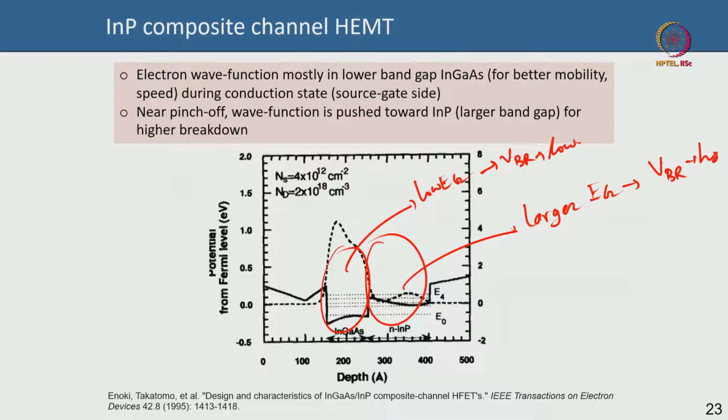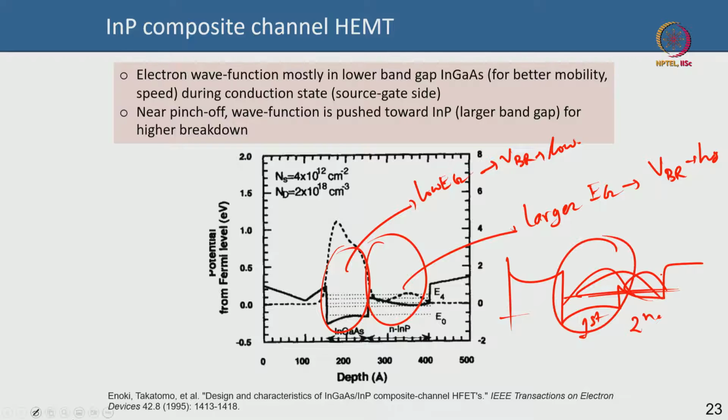So the breakdown intrinsically will be slightly low. Okay. So you have two channels. This is your first channel, this is your second channel, and electrons are everywhere. Now, what happens is that when you are conducting, electrons are predominantly in the first channel. When you are trying to conduct current in the channel, you can see that this dotted line is your electron distribution.